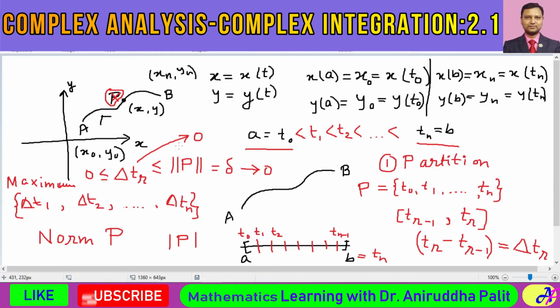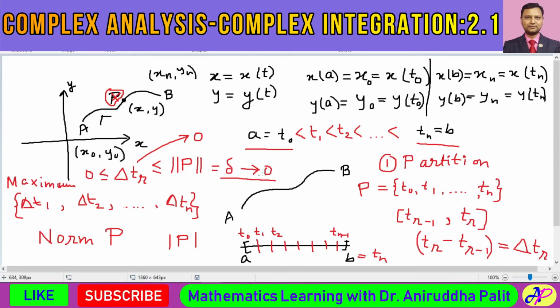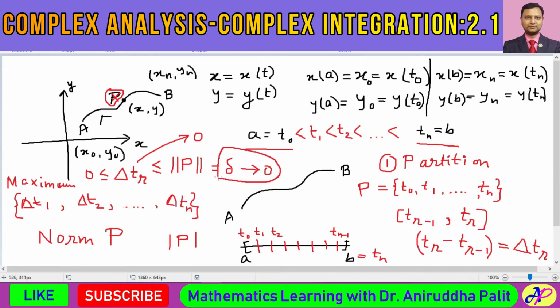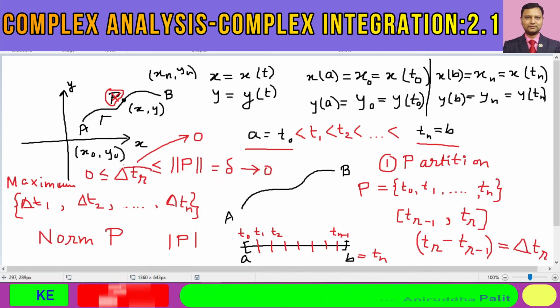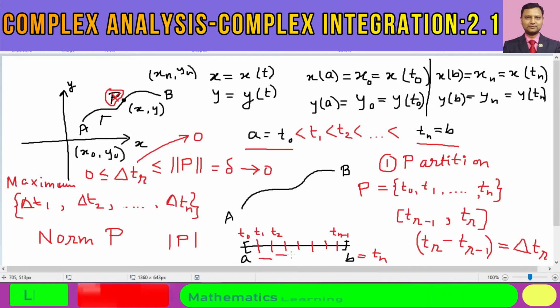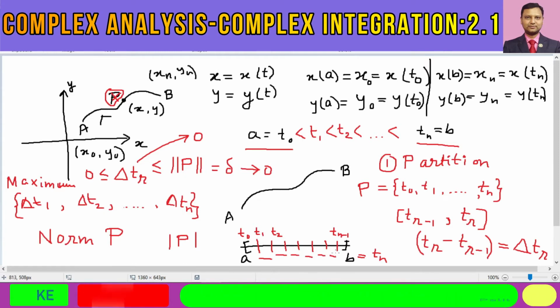And in our study we shall require this kind of limit where delta is tending to 0. In the definition of integration we shall use this idea of delta tending to 0. In that case each and every delta tr would tend to 0. And delta tr tending to 0 means the length of these intervals should be very small, so small that it is tending to 0.